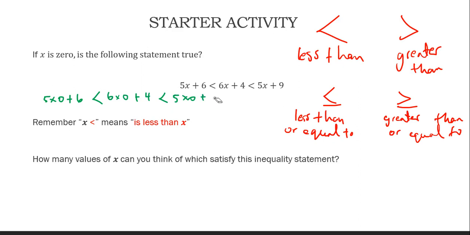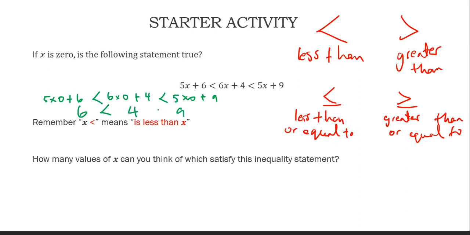If we try and solve this, this gets rid of all of those terms with the x's. So 5 times 0 is 0, so you're left with 6, is less than 6 times 0 is 0, so you're left with 4, which is less than 5 times 0 is 0, and you're left with 9.